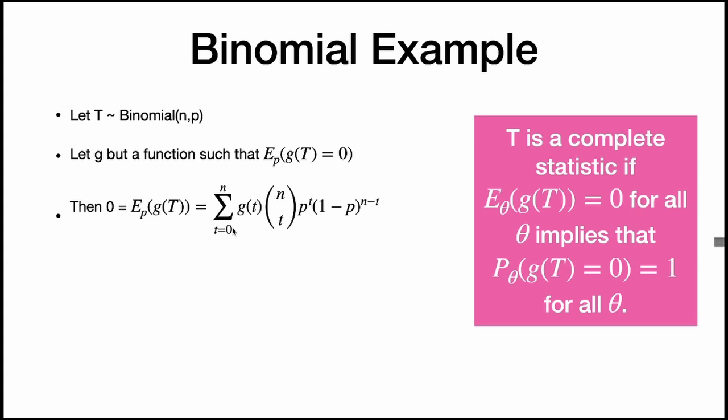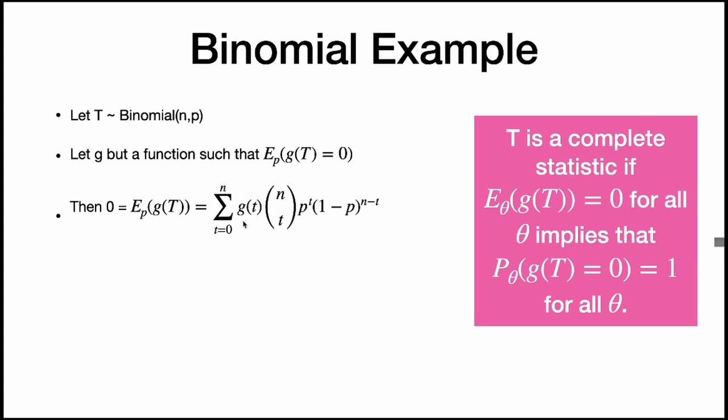And what is an expected value? Well, an expected value is the sum of the function times its probability. So this expected value here is equal to 0. Now, if T is complete, that means that this g of T must be equal to 0.